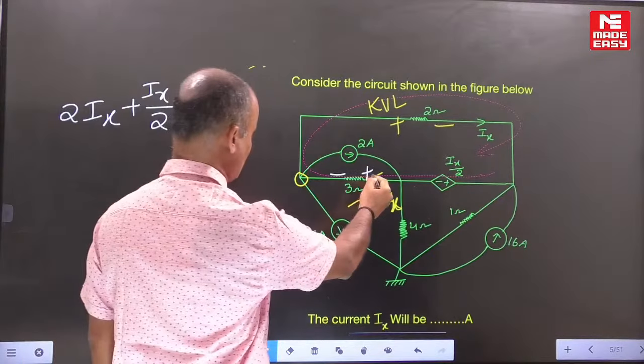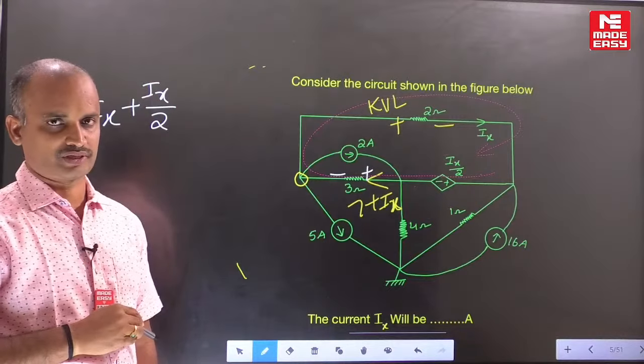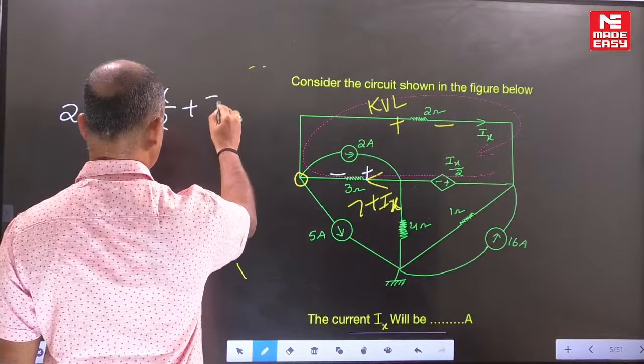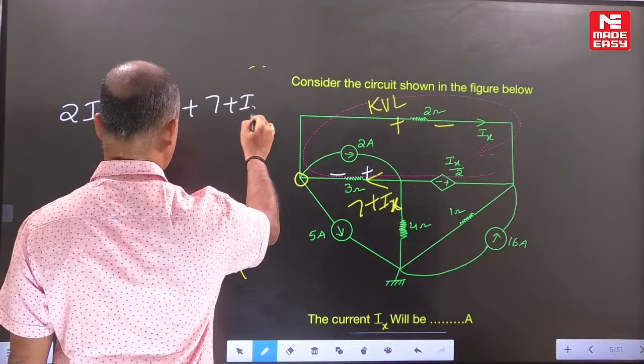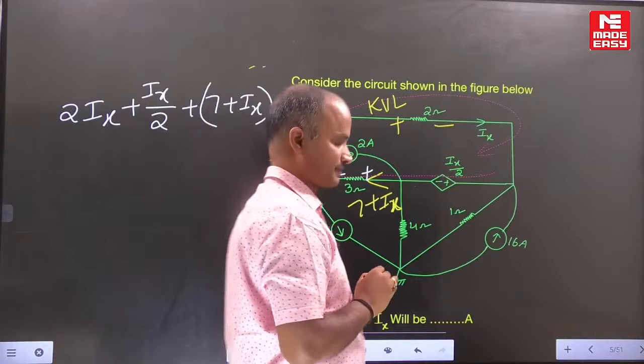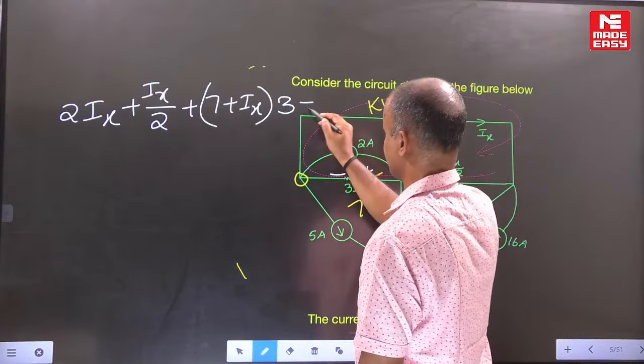Again here also higher potential to lower potential voltage drop. The current circulating is 7 plus Ix, with respect to resistance 3 ohms. Now can you equate this entire expression to 0?